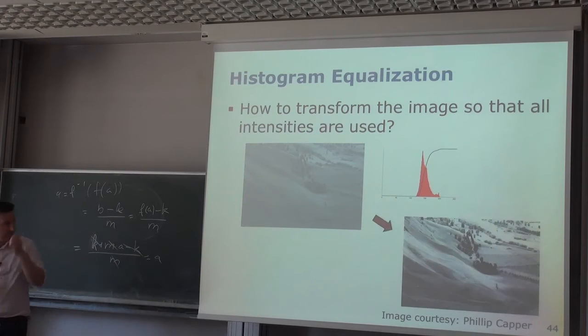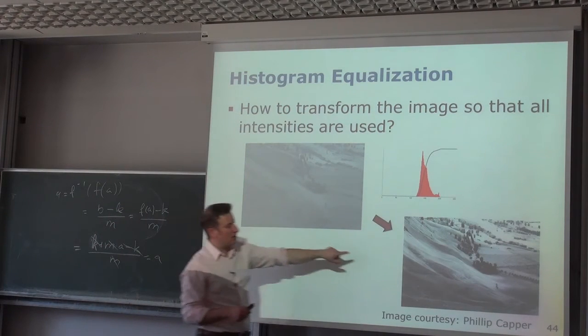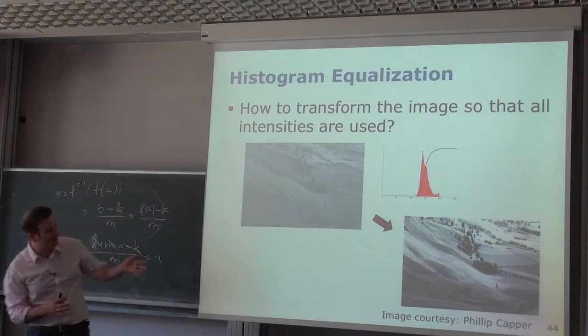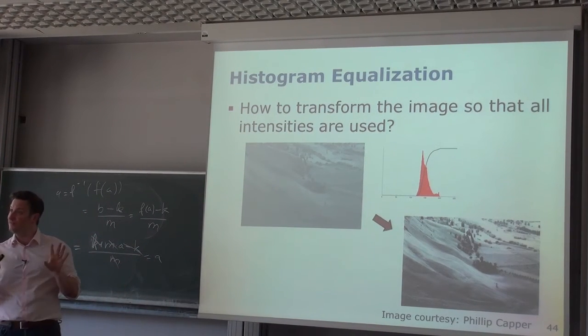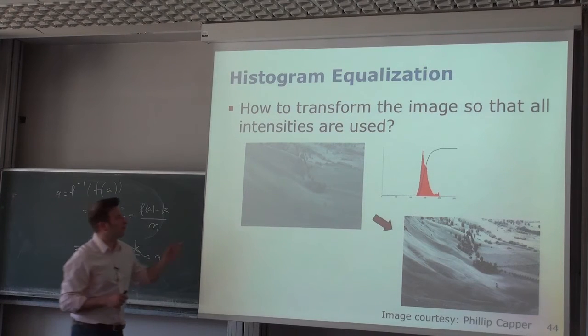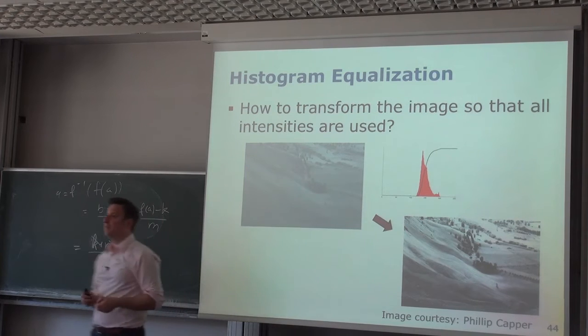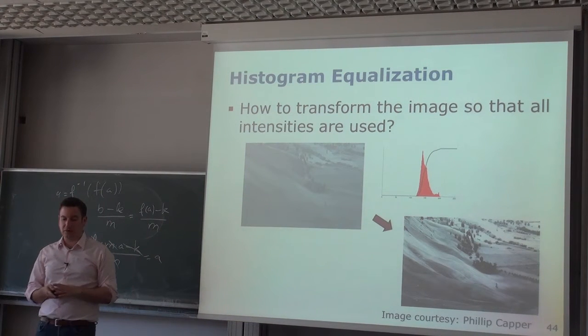If I actually do that, I obtain an output image which more or less looks like this, which you should at least see is visually more appealing. And we can also identify certain properties much better if we transform our image in this way.